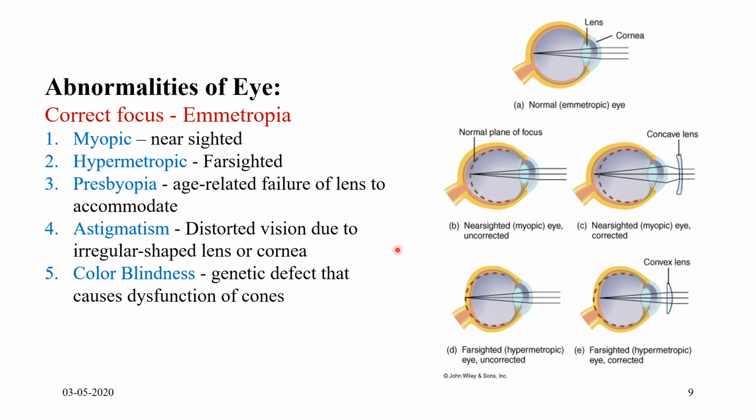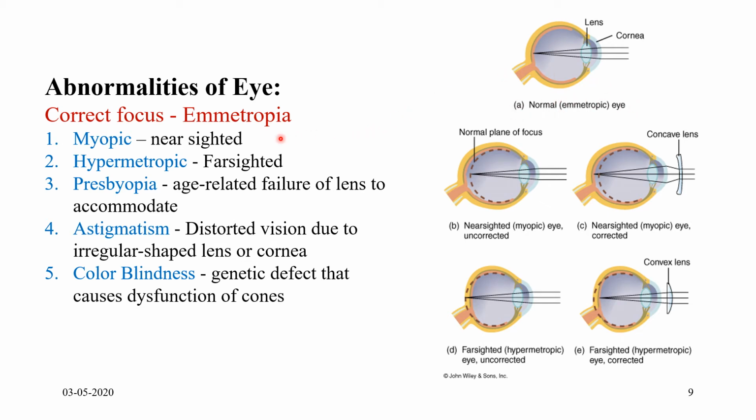Coming to the abnormalities of the eye with reference to focusing the light rays. The correct focus is called emmetropia, which is normal.